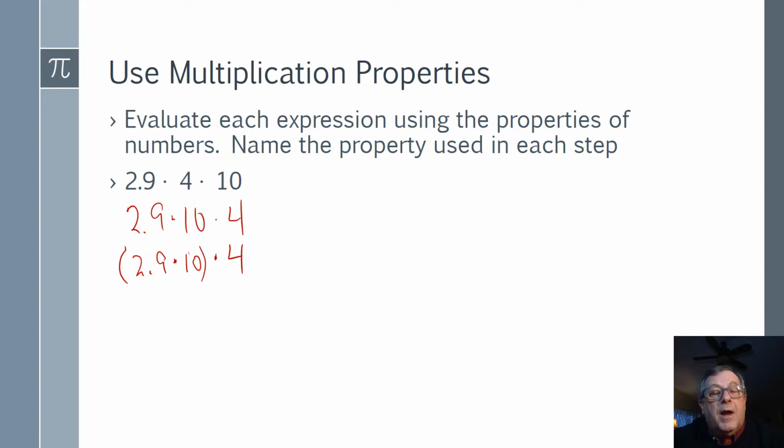The reason I would want to do that is I've got 2 and 9/10 times 10, which just means I'm going to move that decimal to the right. And so 2.9 times 10 is equal to 29, and we still got times 4.